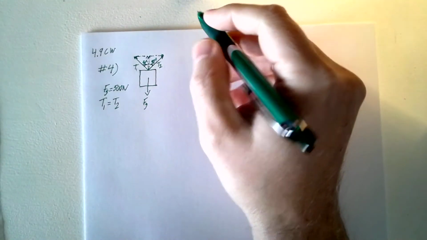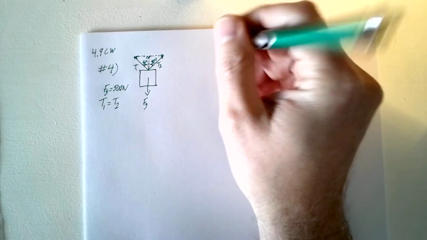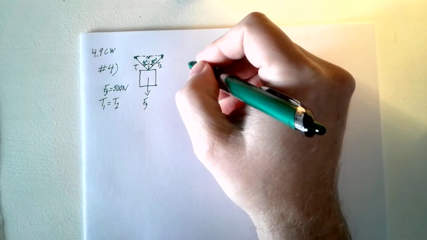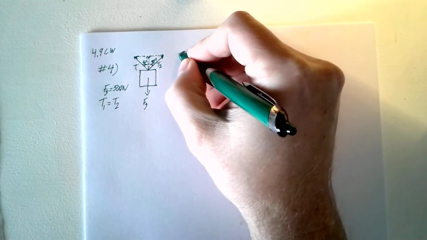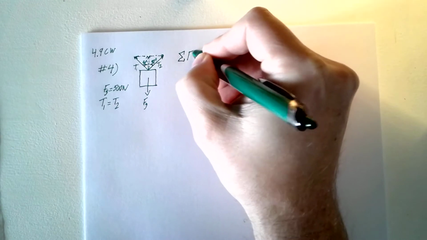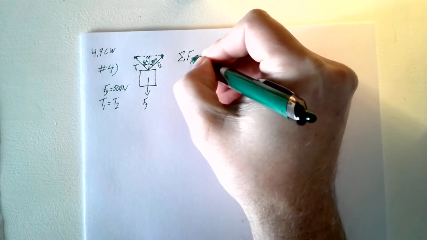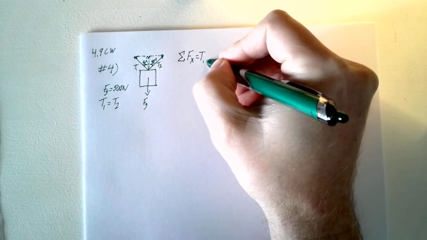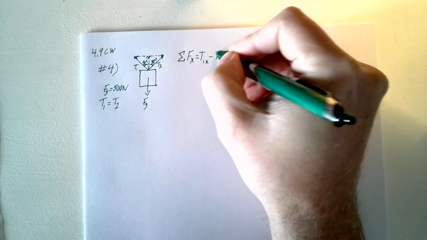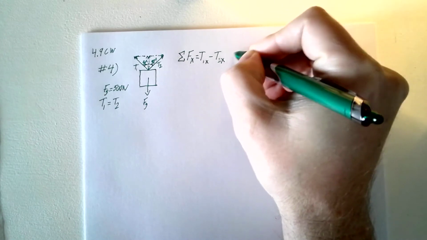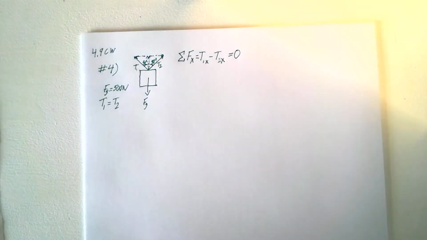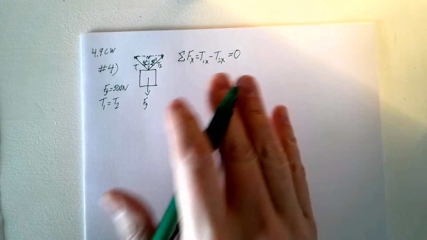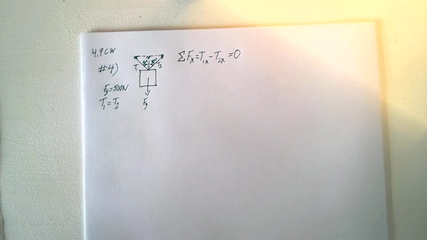Alright, so next step is we are going to set up our net force equations. So we'll start in the X. Since we know these are all in equilibrium, meaning that nothing is moving in this system, both net force equations are going to be equal to 0.